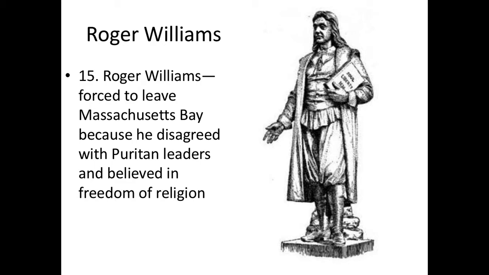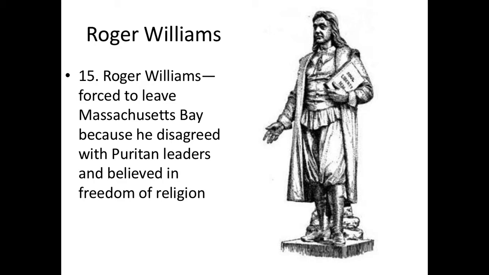And so the Puritans in the Massachusetts Bay Colony, they were really strict. If anyone questioned what they did, that person was looked at as an outcast, as someone that you couldn't trust, or someone you should not respect. And one of those people was Roger Williams. So Roger Williams lived in the Massachusetts Bay Colony, and he disagreed with the Puritan leaders.